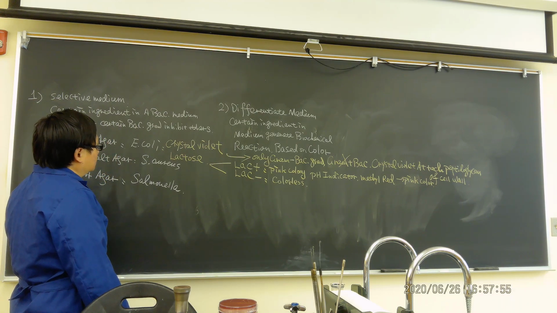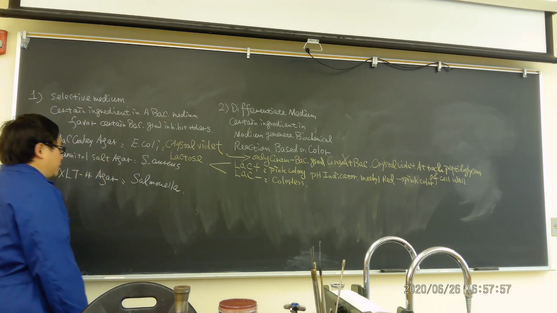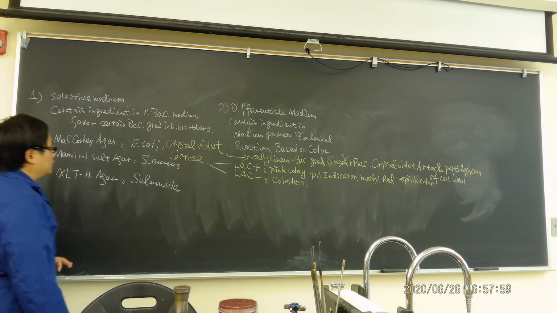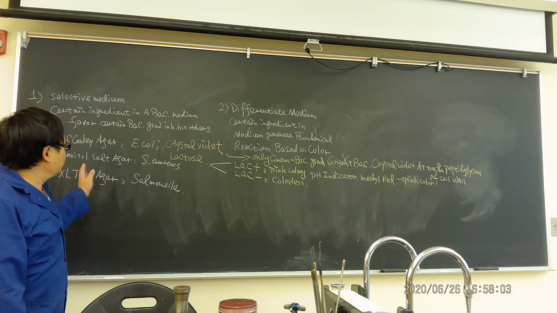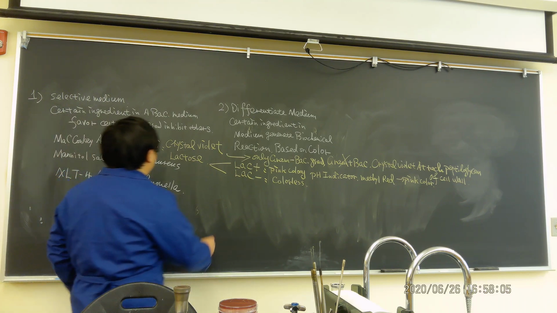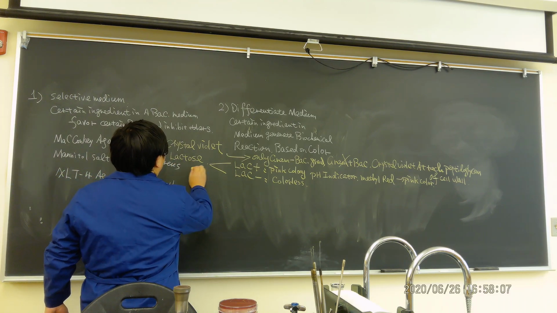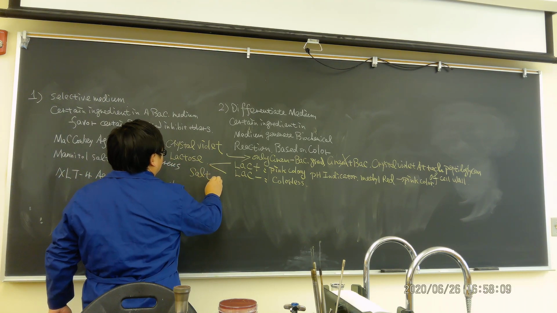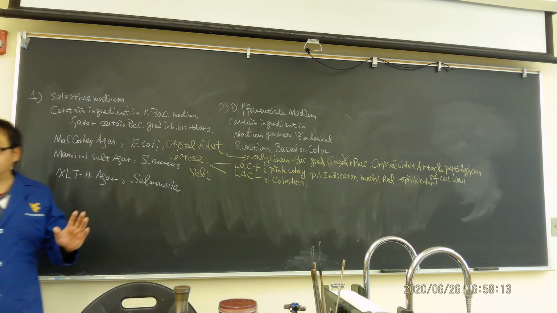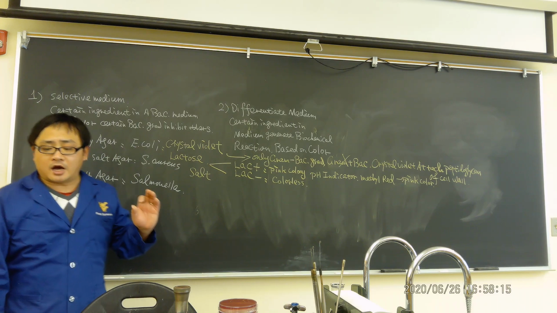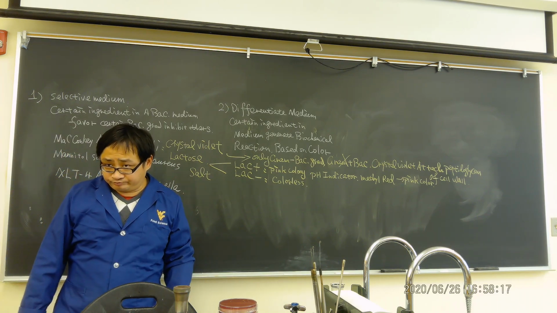Then the second one is Mannitol Salt agar. Mannitol Salt agar is selective for Staphylococcus aureus. This is a selective media because of salt. Salt will inhibit bacterial growth because of unbalanced osmotic pressure.